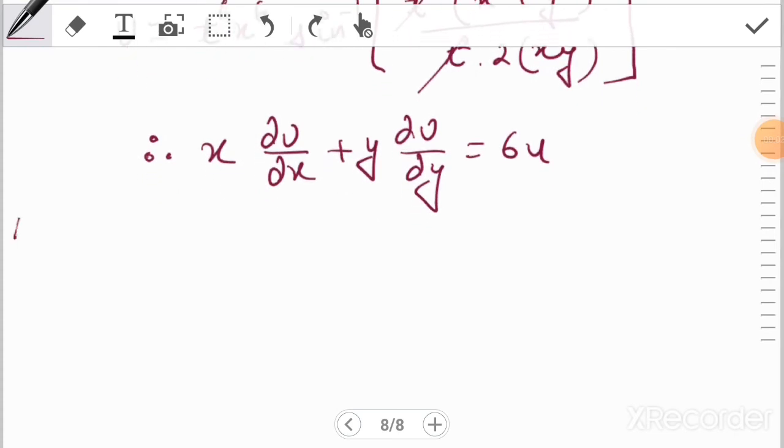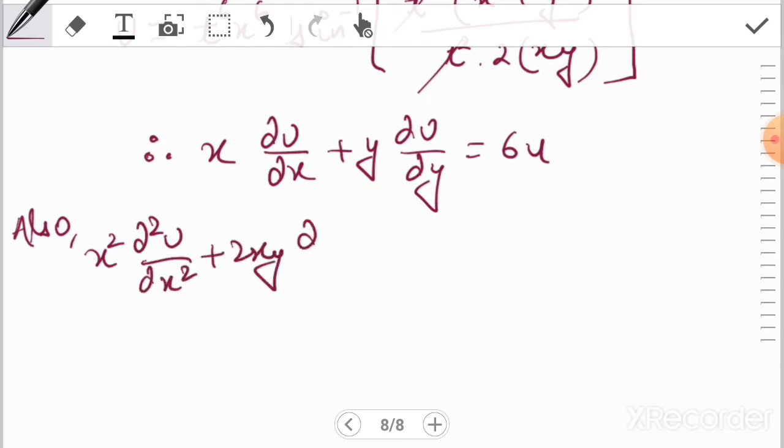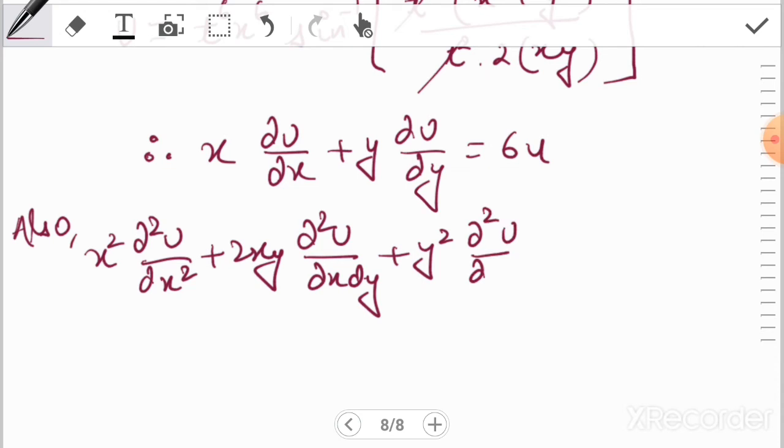Also, x square del square u by del x square plus 2xy del square u by del x del y plus y square del square u by del y square is equal to n into n minus 1 times u, if u is a homogeneous function of x and y of degree n.